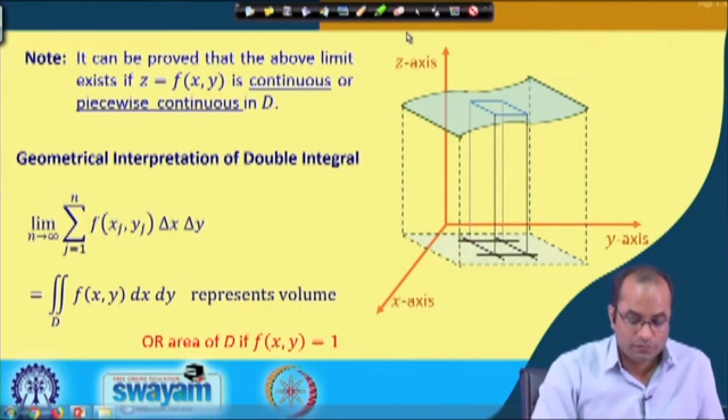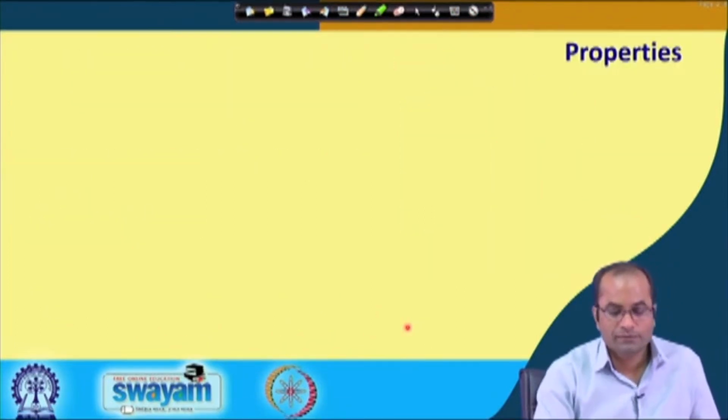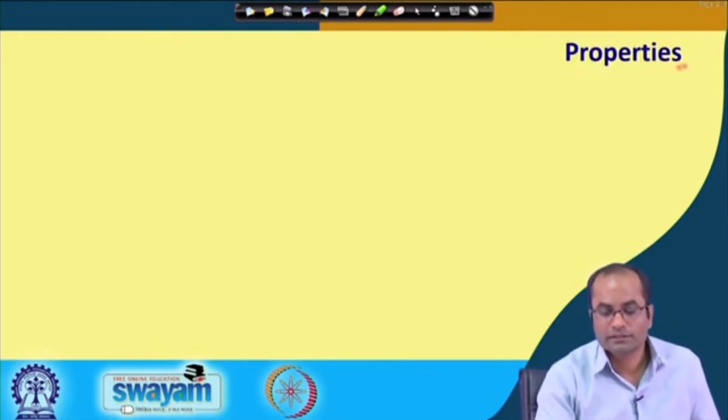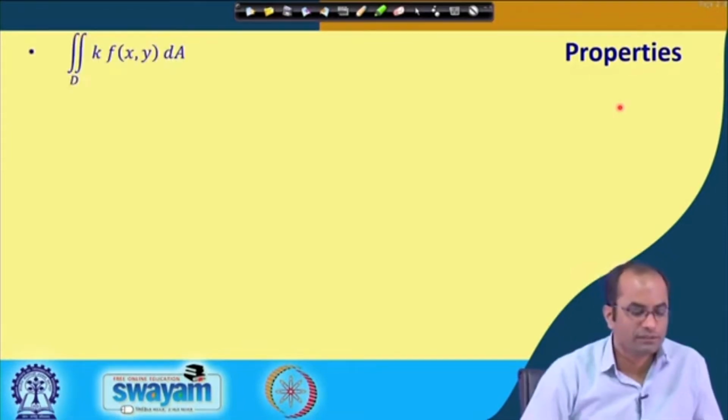Well, so coming further now for the evaluation part. Before we go to the evaluation, let us discuss some properties of the double integral. So, similar to the single integral, we have more or less the same properties for the double integral as well.